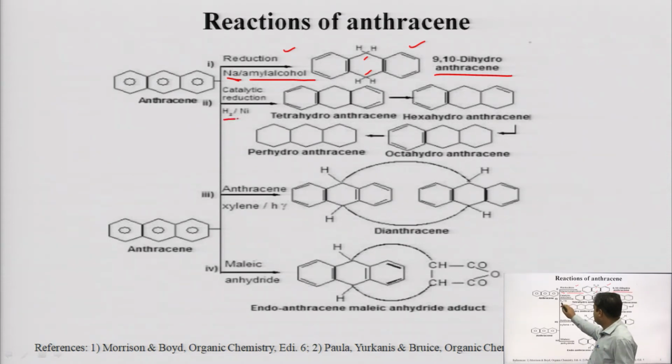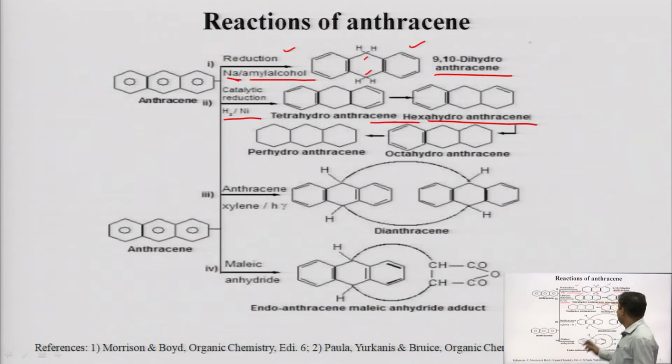In the presence of nickel metal and hydrogen, it gives tetrahydroanthracene, which is further reduced to hexahydroanthracene, then octahydroanthracene, which ultimately gives perhydroanthracene. So, both are reduction reactions given by anthracene in different catalytic and reaction environments.